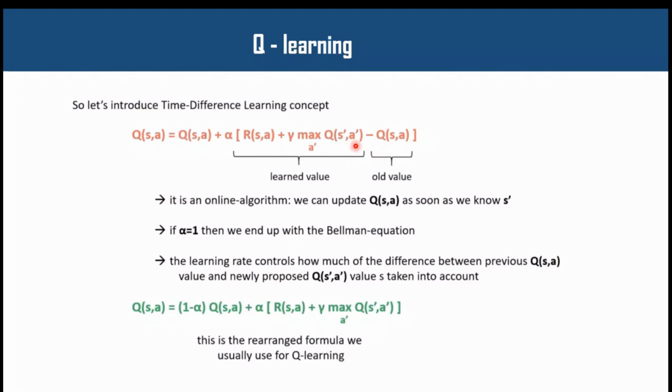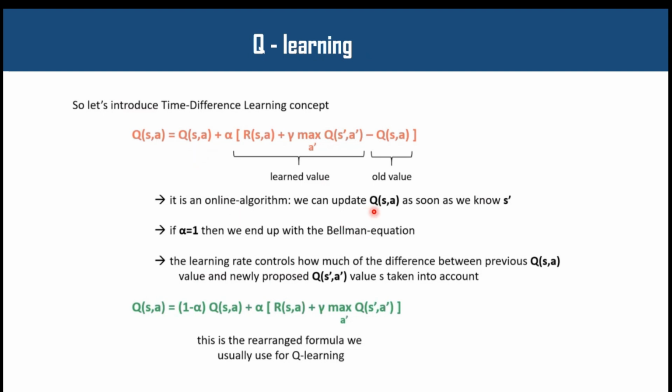So that is the next state. And then minus Q of S comma A, that's the old value of the cell. So this equation is called the Bellman equation, or you can call that Q-learning. Okay. So it is from the Markov decision process. How the agent determines to move from one state to another state is based on these values.